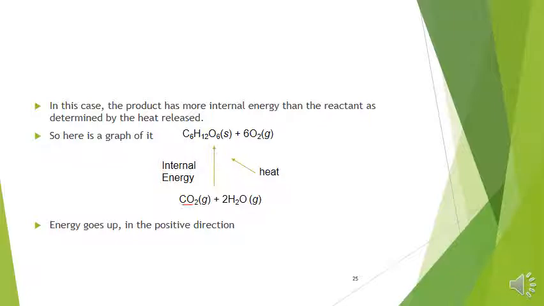I start out with these two guys down here. I have to add heat or solar energy, and they make these guys here. So this is a graph of internal energy. Higher is higher internal energy, lower is lower internal energy. So photosynthesis starts out with a low energy substance, and it creates a high energy substance.